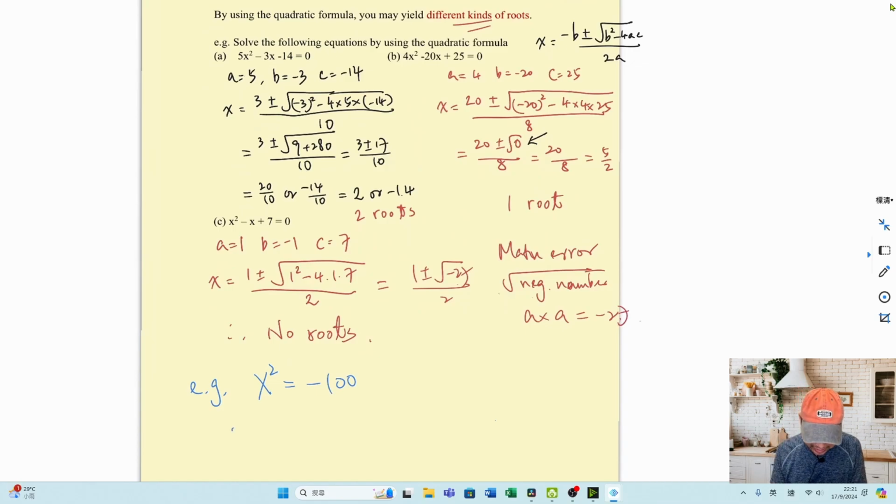So in this case, there are no roots. So about these three examples, we see that in some cases we have two roots, in some cases we have one root. For some quadratic equations, there are no roots.